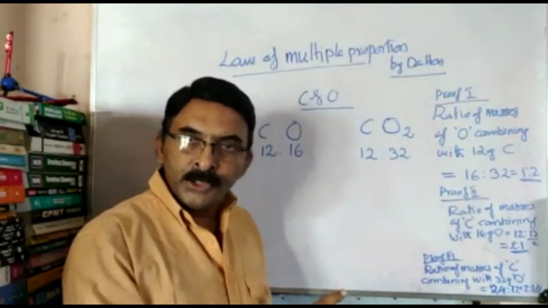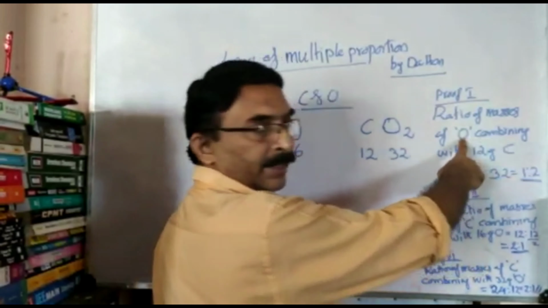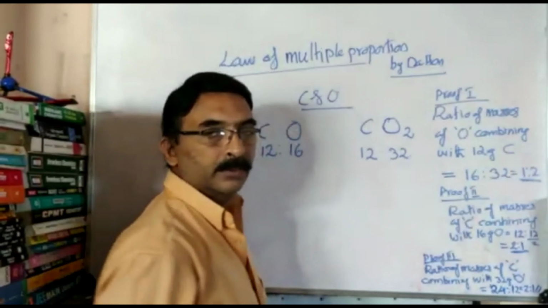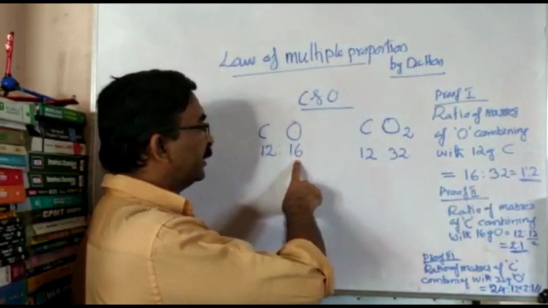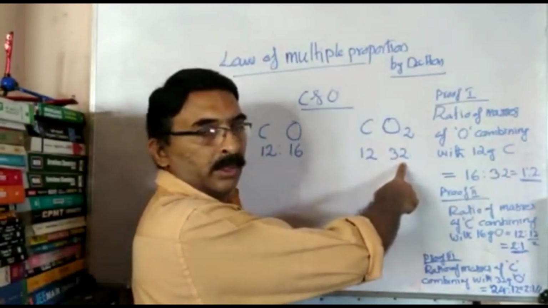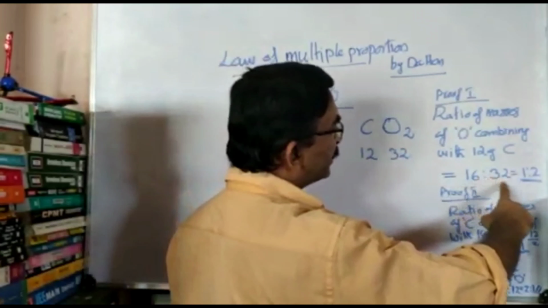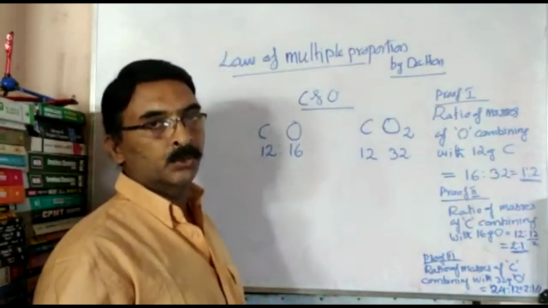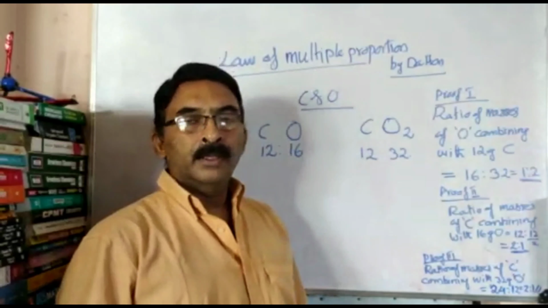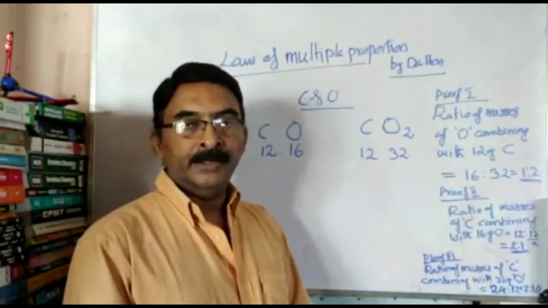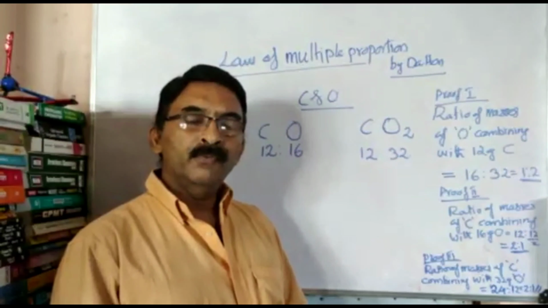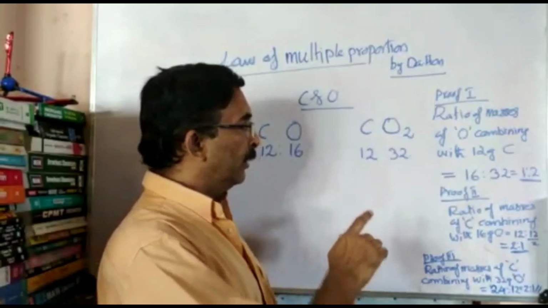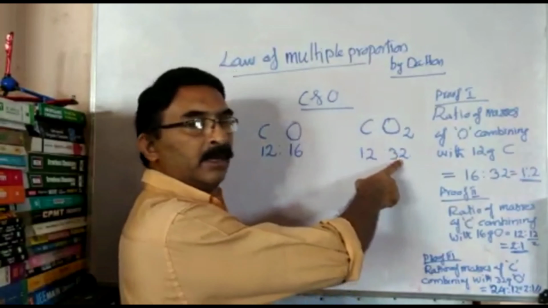So the ratio of masses of oxygen that combines with 12 gram carbon: here it is 16 gram, here it is 32 gram. So the ratio 16 is to 32 is 1 is to 2, a simple ratio. The law is justified.